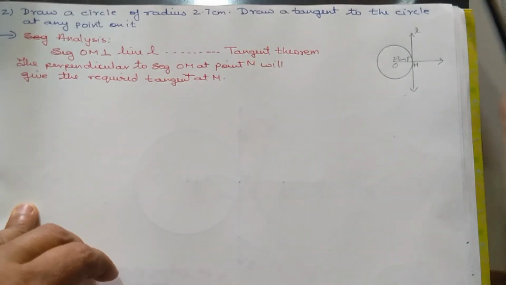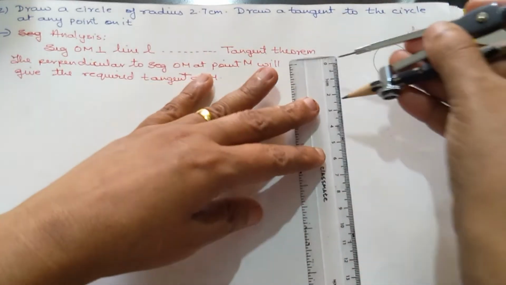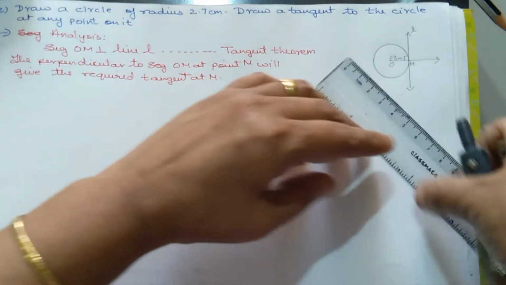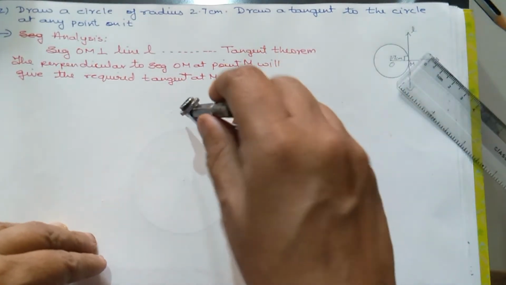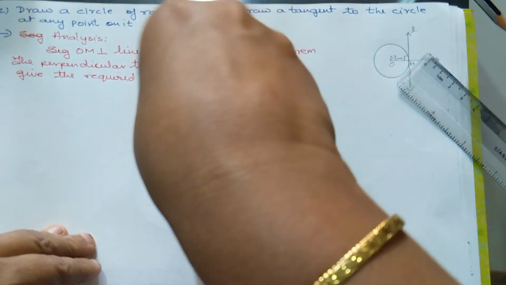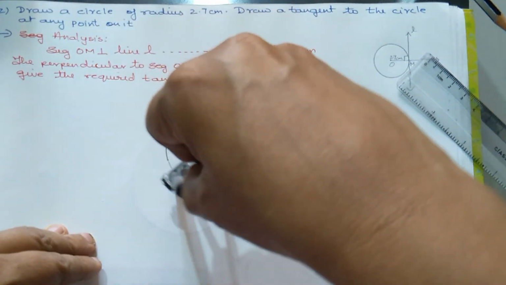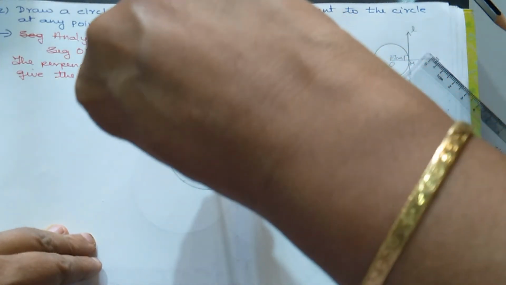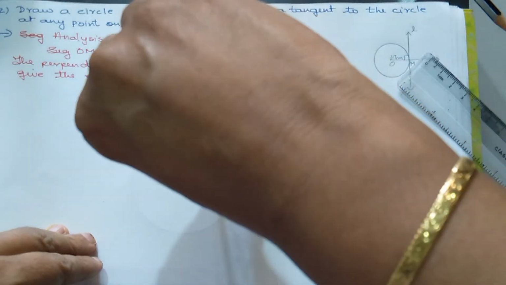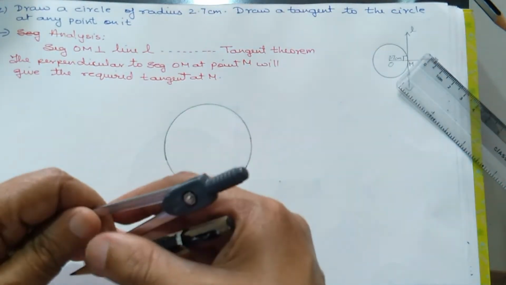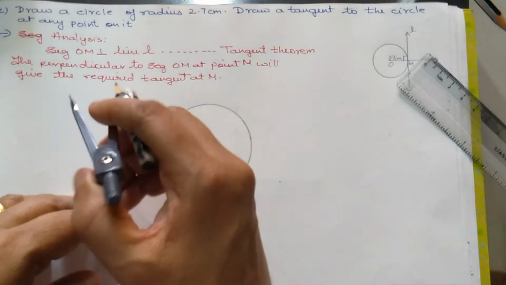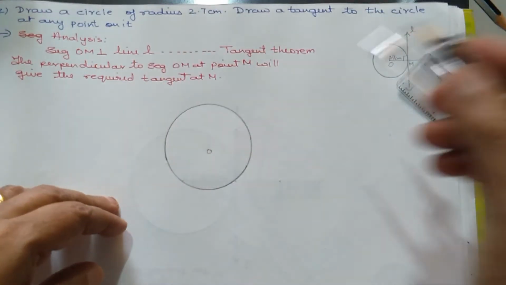Now take the measurement of radius 2.7 and then draw a circle. Same like the previous sum, you have to draw. Analysis also is same, only you have to draw segment OM perpendicular to line L by tangent theorem.